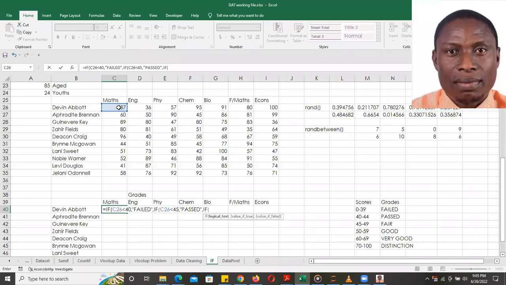If less than 50, fair, right? If less than 60, I think I'm right. Good. If less than 70, very good.